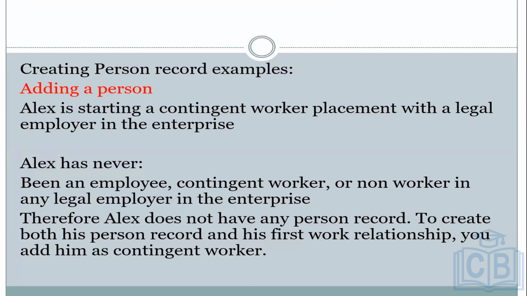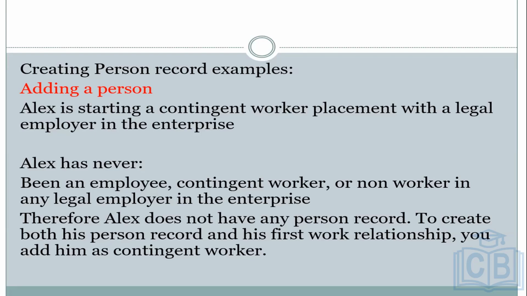That means he is going to add a person's record in the application. Alex has never been an employee, contingent worker, or non-worker in any legal employer in the enterprise. Therefore, Alex does not have any person record.